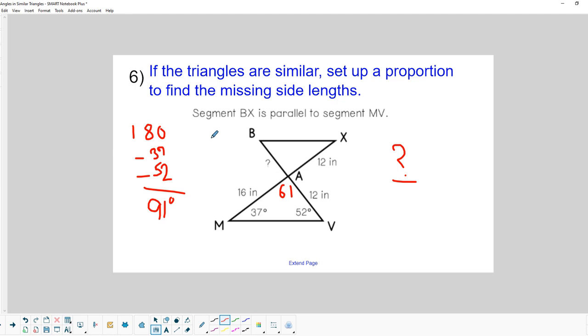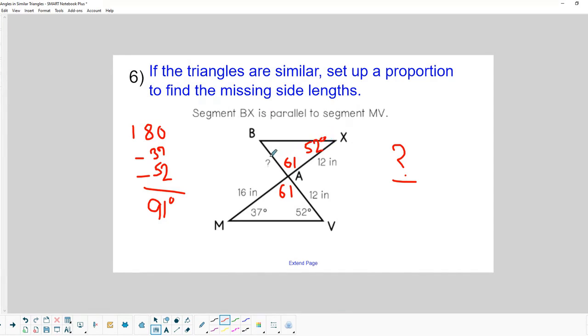Well, how can we tell if the angles match? If we look at this, we can start noticing that this side's 12 and this side's 12. We know by our vertical angles that this side's 61. So if that's the case, and these two sides are the same, then that's going to make this a 52-degree angle.